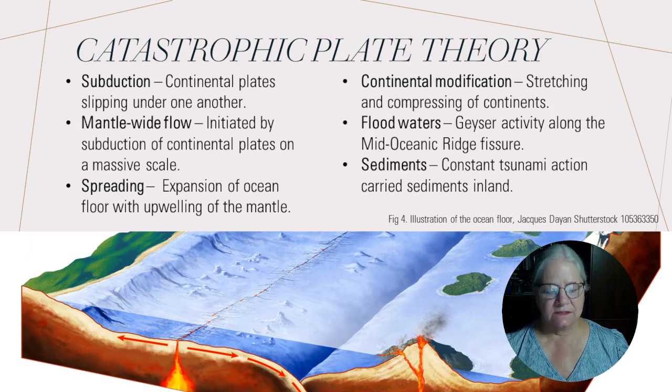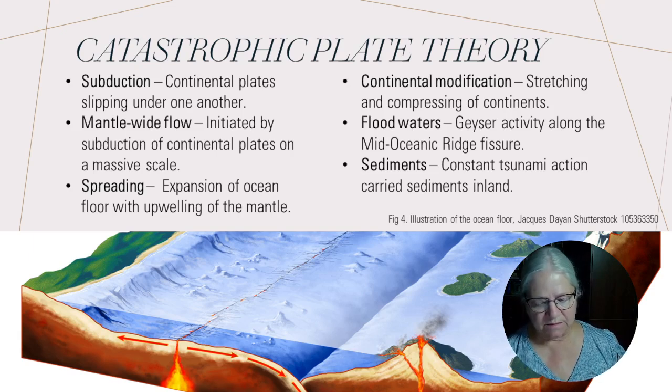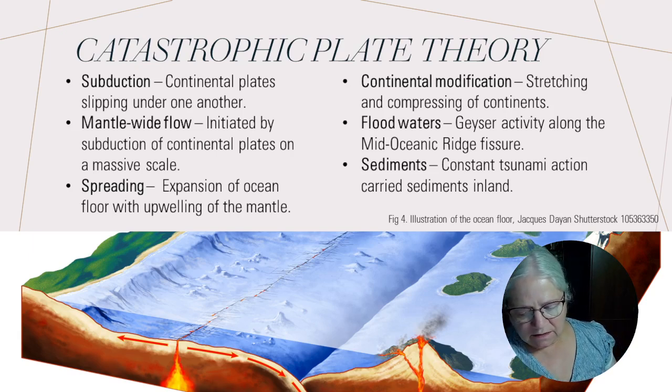I'm going to start with the catastrophic plate theory, which purports that subduction of the continental plates is what caused the great upheaval. This subduction lowered the viscosity, then allowed an increase in subduction rate, which in turn heated up the surrounding mantle even more.